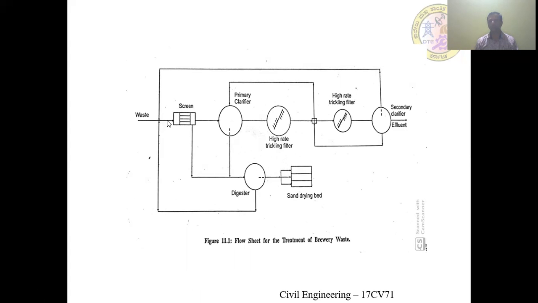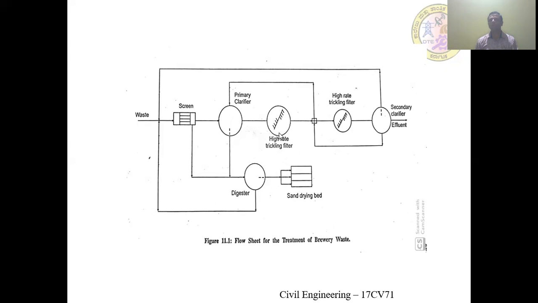First, you go for screening, where you remove floatable and suspended matter depending on the particle size. Since it is an organic compound, we can go for an anaerobic digester to digest this waste. Then the wastewater goes to primary clarifiers, to settle some of the suspended solids.